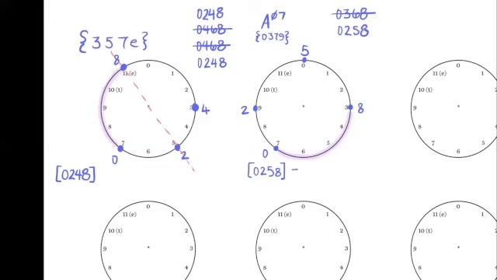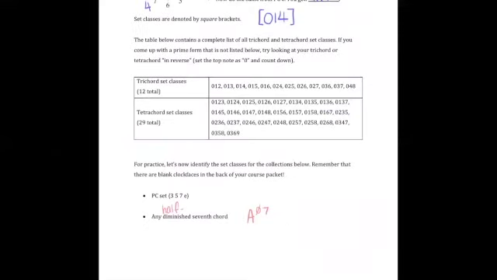And that means that 0, 2, 5, 8 is the set class for any and all half diminished 7th chords. Let's make sure that is on our chart, and sure enough, 0, 2, 5, 8 exists as one of the 29 tetrachord set classes.